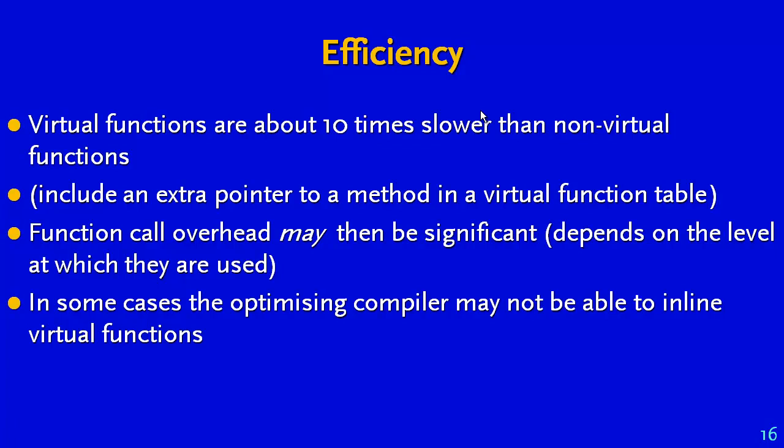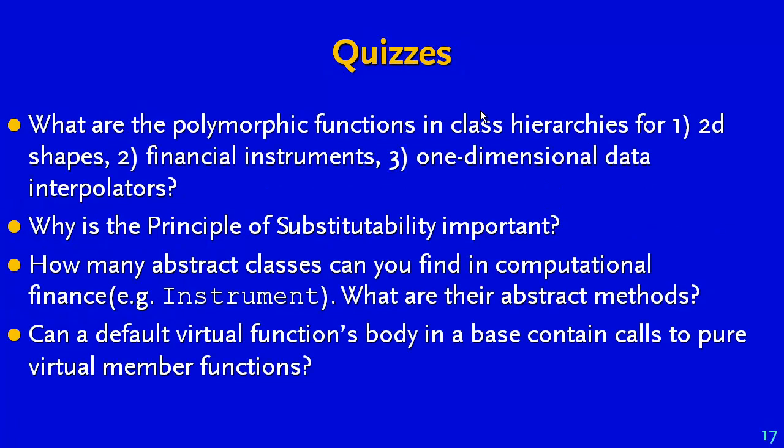The function call overhead may then be significant. It depends on the level of granularity at which you're using it, of course. And for inline virtual functions, the optimizing compiler may not be able to inline the virtual function, so you've got a problem. Okay, so that's more or less it.